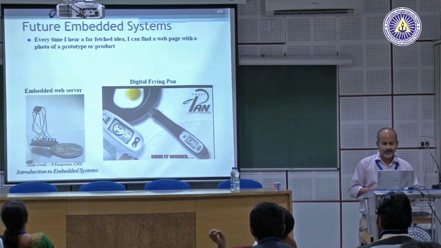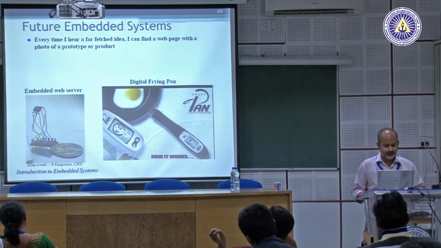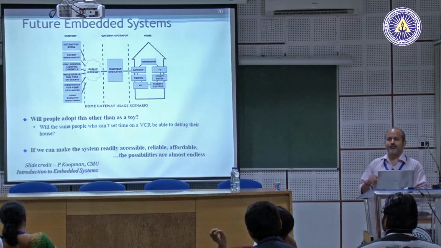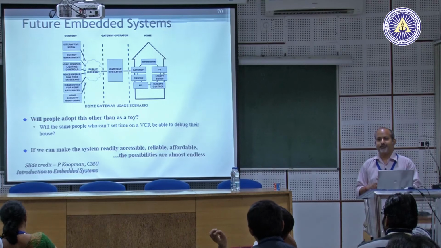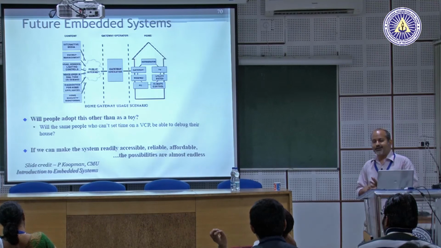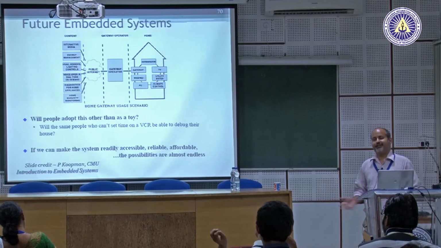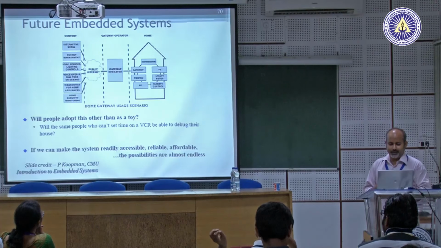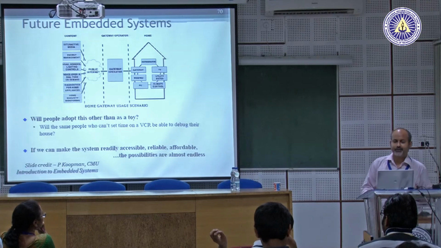That's one of the futures of embedded systems. And then we are talking about smart home, smart city, smart transportation. All these things are basically an outgrowth of embedded systems as a discipline, and therefore are going to play an important role in the future of embedded systems.